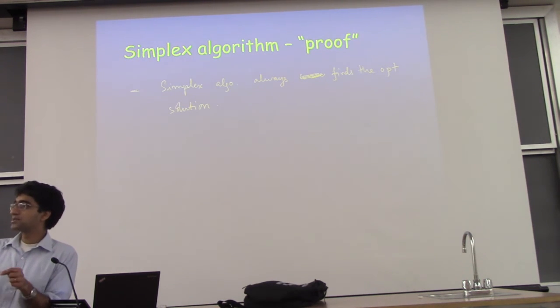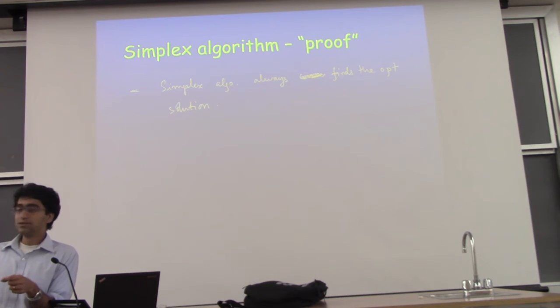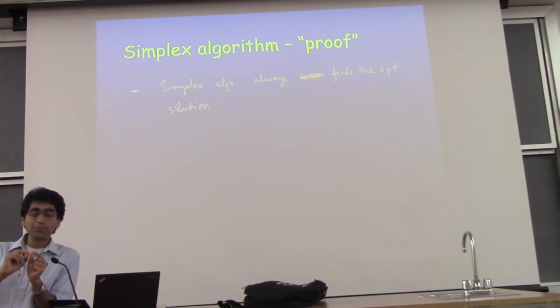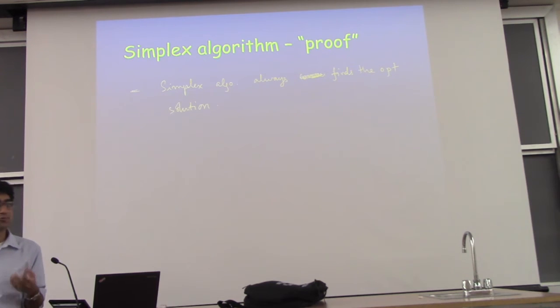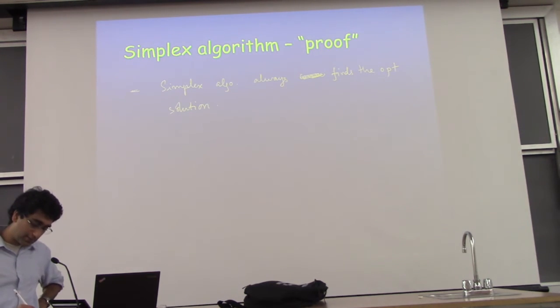Because this is for the same reason that local search always works. So you have to be a little bit more tricky because you don't move to a neighbor, you move to a neighboring vertex. That's why I wanted to have a proof, but let's not get there.